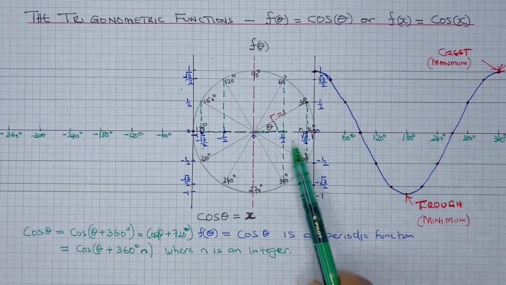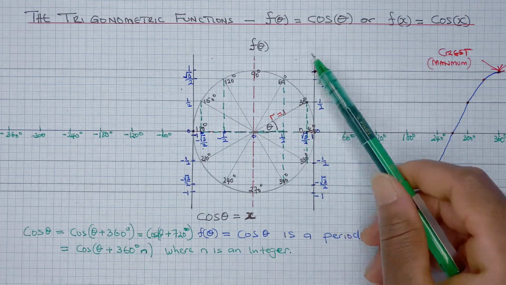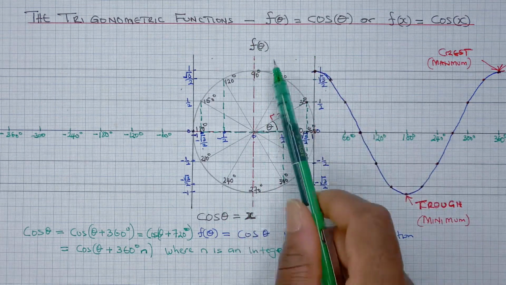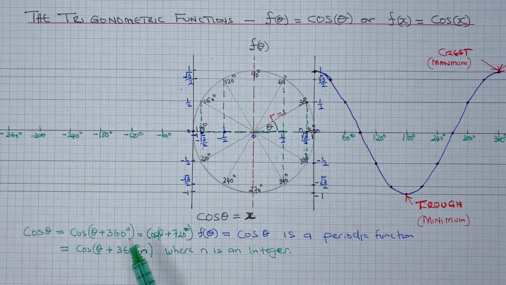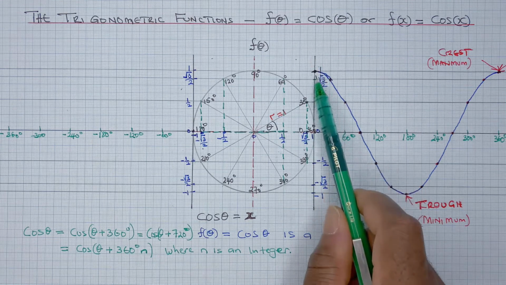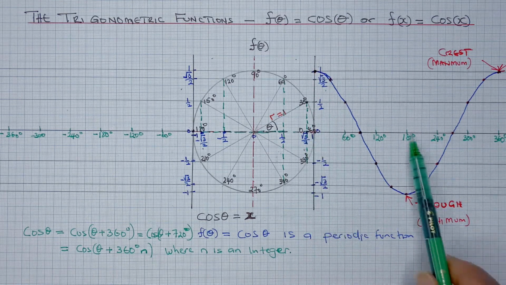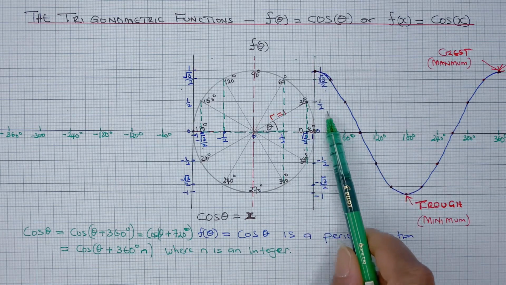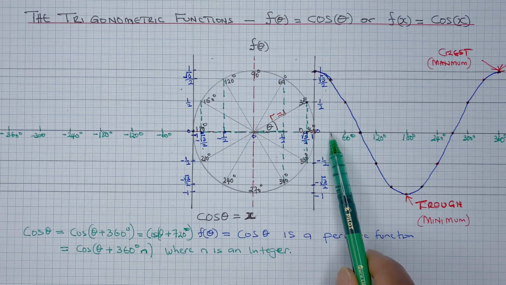The x-axis values are called the domain, and the y values that you get, f of theta, are called the range. So for 30 degrees, there are two values you're going to get.